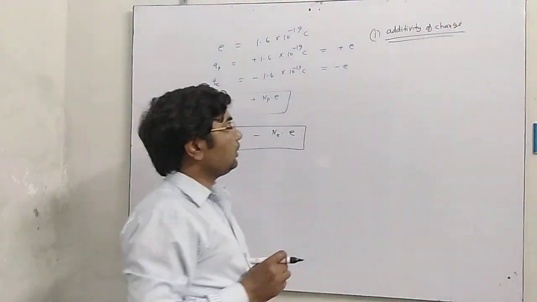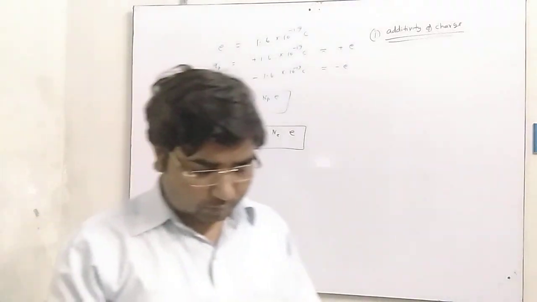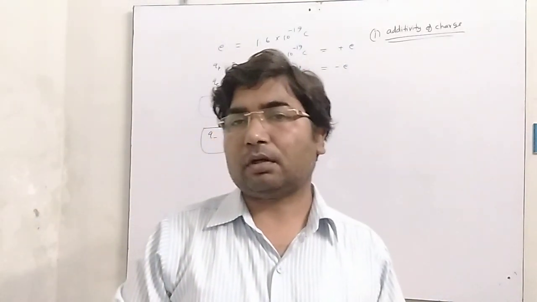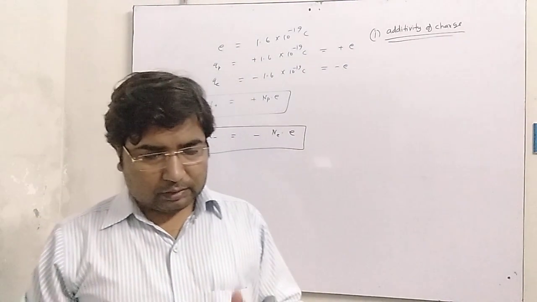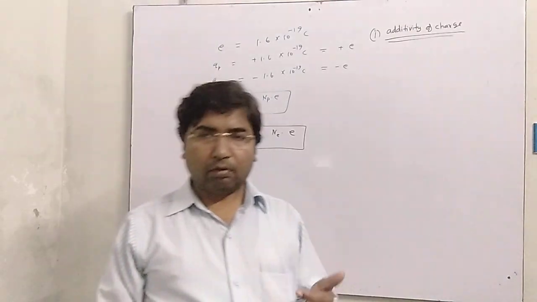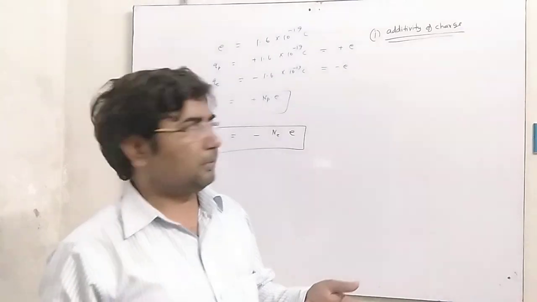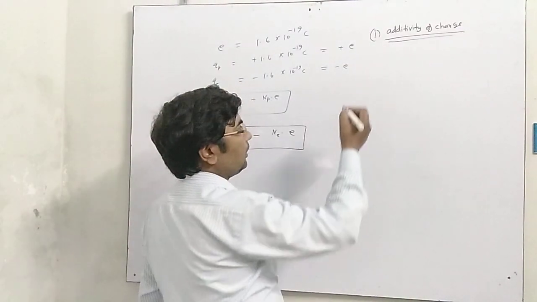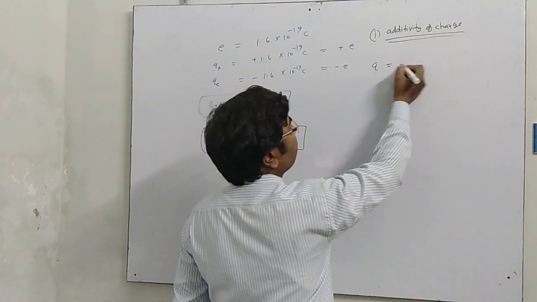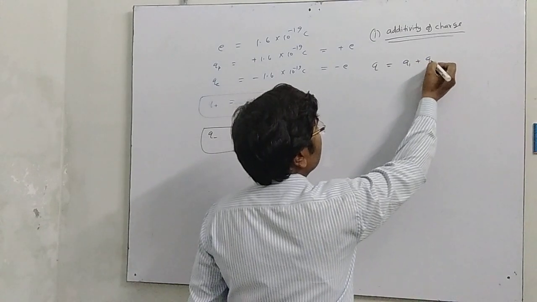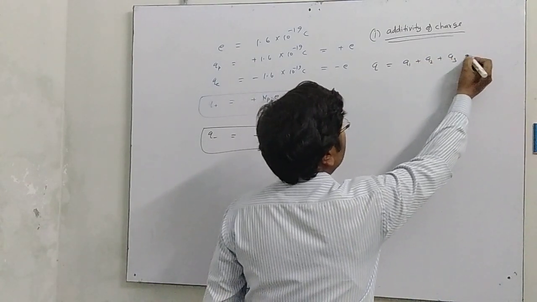According to this property, the total amount of charge contained in the substance or material is the algebraic sum of all the charges contained in the substance or material. Therefore, it can be written as Q equal to Q1 plus Q2 plus Q3 plus so on.